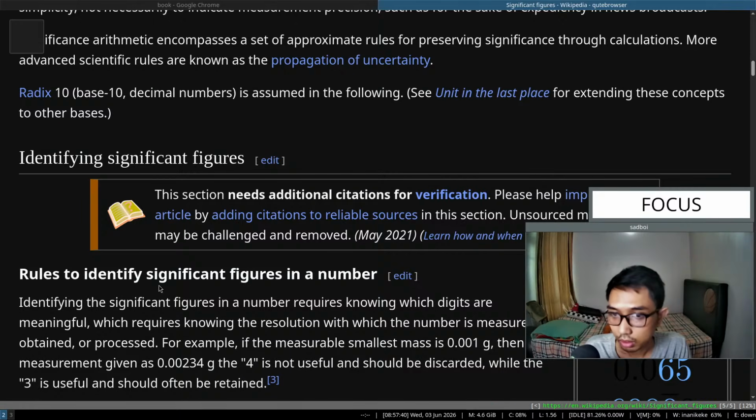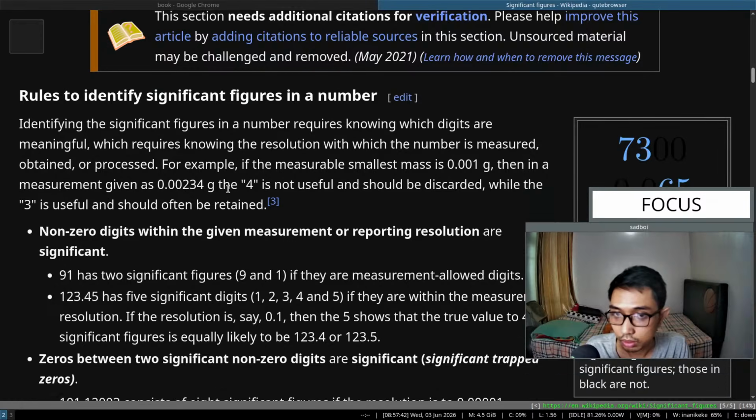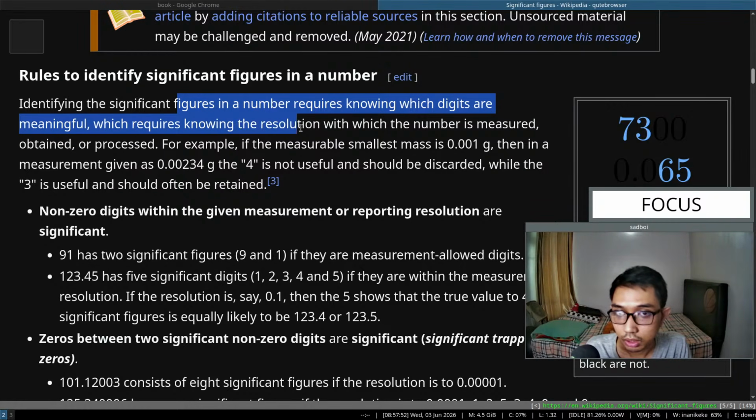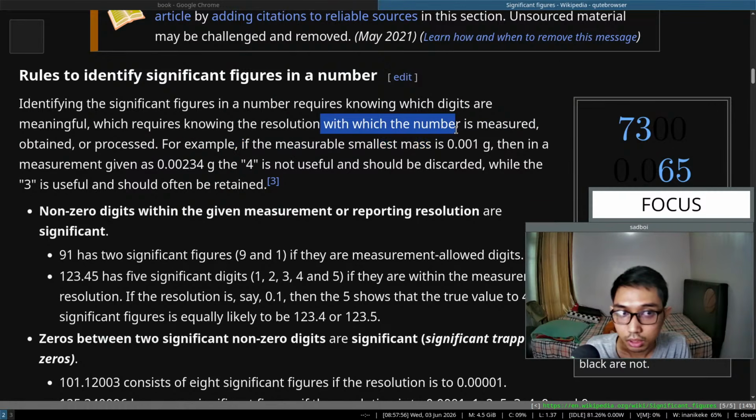Rules to identify significant figures in a number requires knowing which digits are meaningful, which requires knowing the resolution with which the number is measured, obtained, or processed.